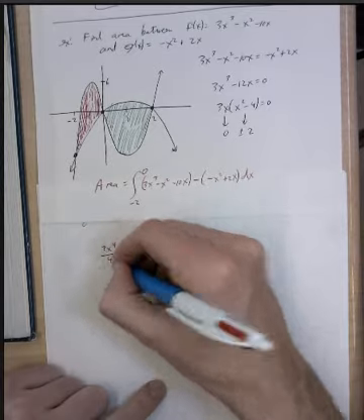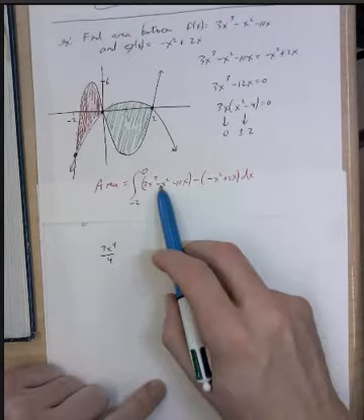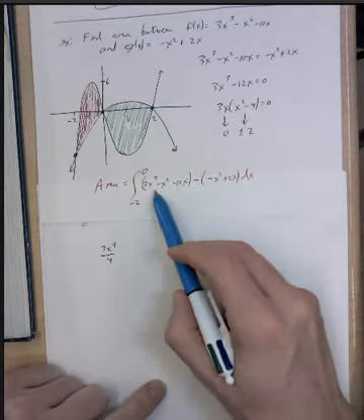Oh, we should actually simplify this, shouldn't we? So we have -x squared plus x squared, which means the x squareds are going to go away. So actually, let me just do this.